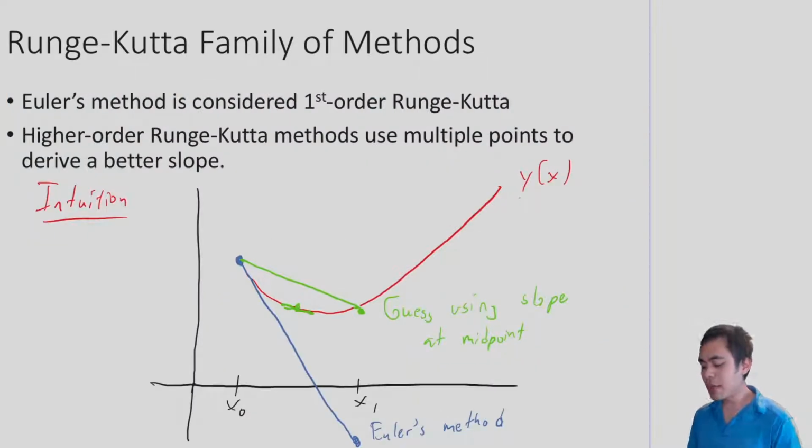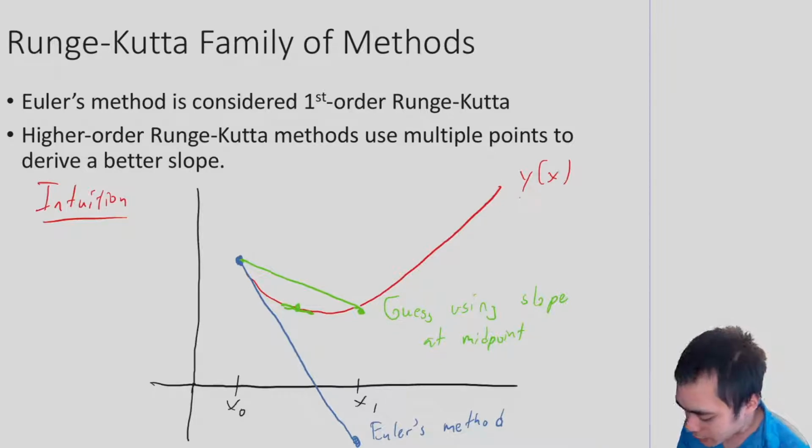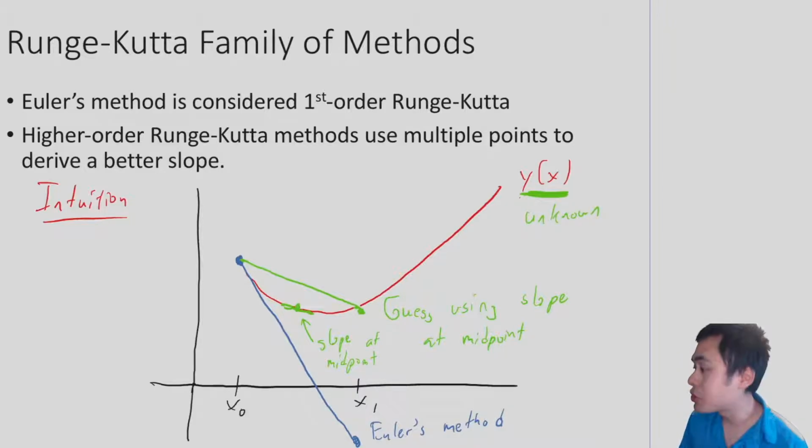So if you look back here, I used the slope at here, so slope at midpoint. But we don't know this function. This is unknown. That's what we're trying to compute. So we don't actually know what the function itself is, because if you knew it, we wouldn't have to use any of these methods.